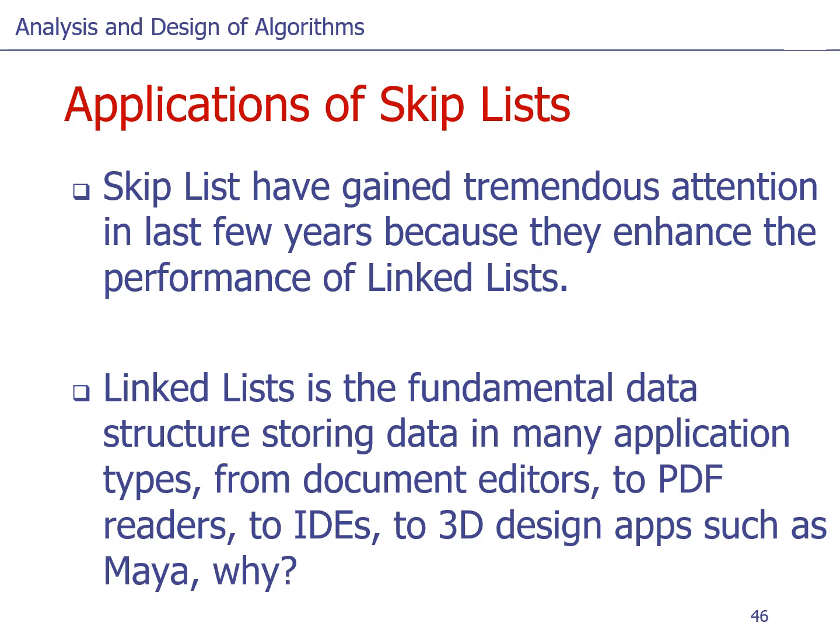Now, let me tell you that skip lists are very, very popular. I've already given you an intro to this. You know that they are now kind of the replacement to doubly linked lists because of their nice performance. They have all the advantages of doubly linked lists, and the added advantage that you're going to be doing log n processing, randomized log n, I mean.